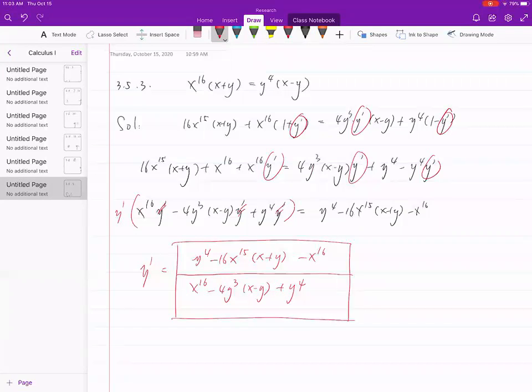So I think the key is just recognize it's a product rule. Looks okay. All right, Emma.